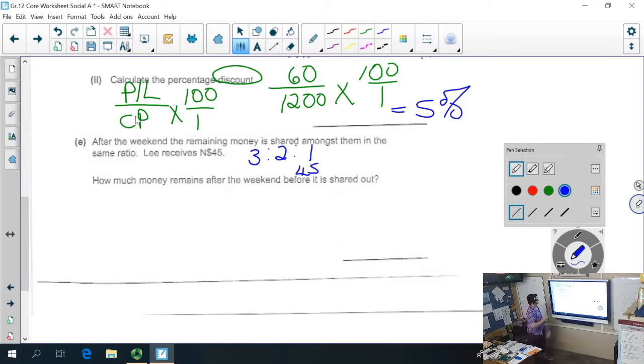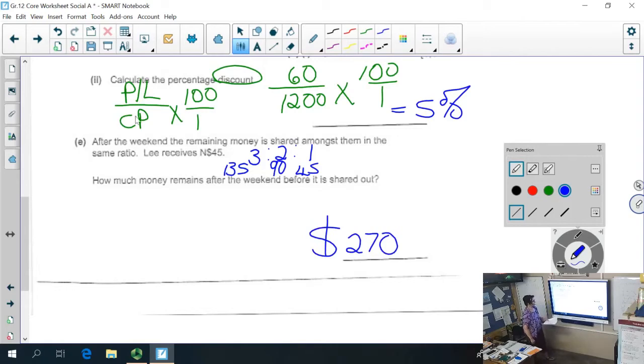So I need to find out what was Rihanna and Jen's money, isn't it? So if Lee gets 45, it means she's going to get 90. And Jen is going to get 135. So now we can add it up, and my answer here is 270. That's what remains.